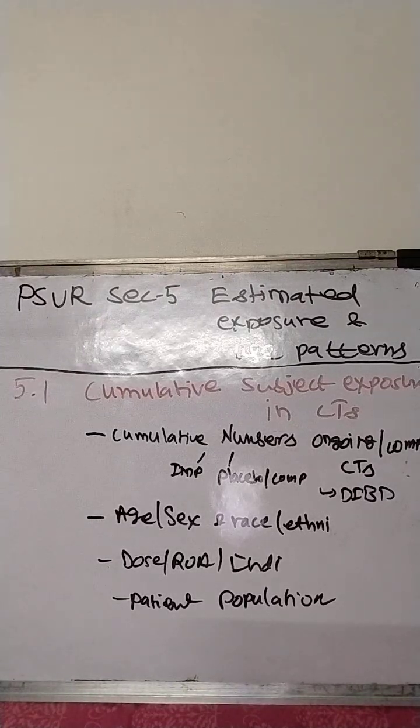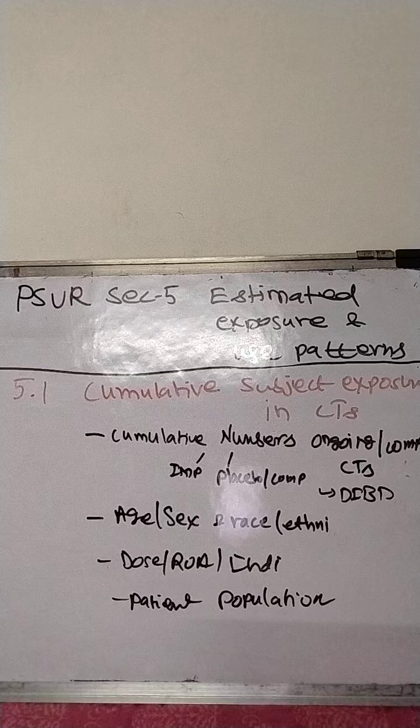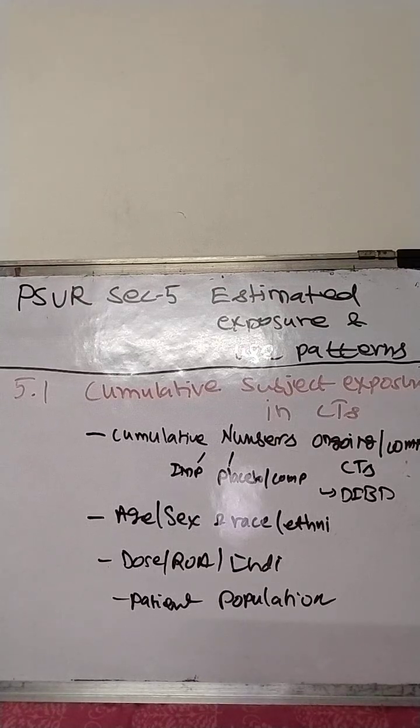You can give pregnant women separately, hepatic, cardiac, and relevant genetic polymorphism, depending upon the investigational medicinal product. And finally you derive subject days, subject months, or subject years, depending upon the investigational medicinal product, to arrive at the subject exposure in the clinical trial.